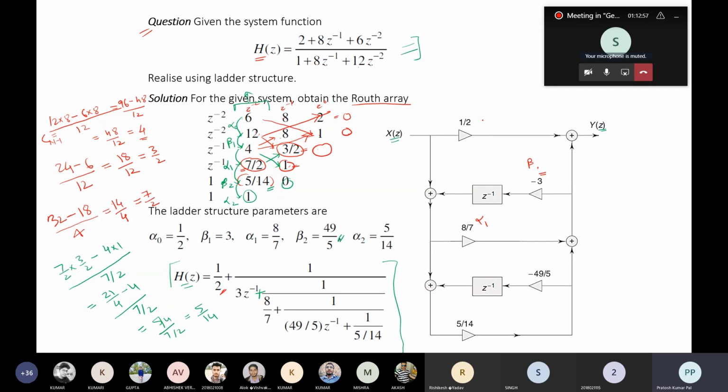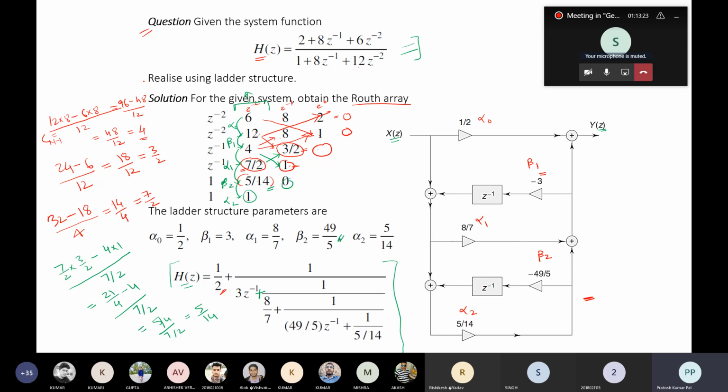This is beta 1. This is alpha 0. Okay. So again in the second one, this is your beta 2 value and this is alpha 2 value. Okay. So this is how the realization should be taking place in the ladder structure form. Okay. I hope you have got the point.